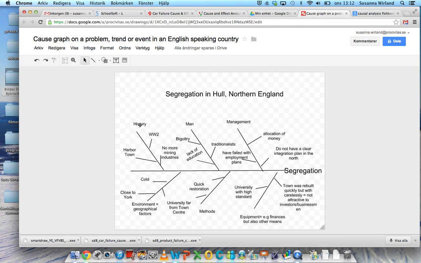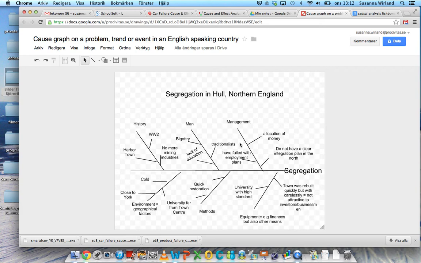I would also look at the environmental factors, since the environmental factors are linked to management. It is far from London and close to Scotland, and as we know, there is animosity between English and Scottish people, so I would look more into how the environmental, geographical factors together with management have influenced segregation in Hull.